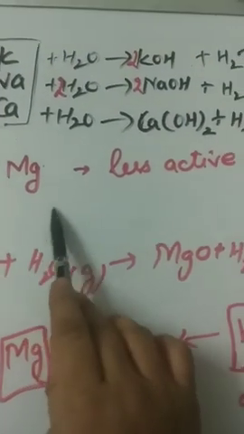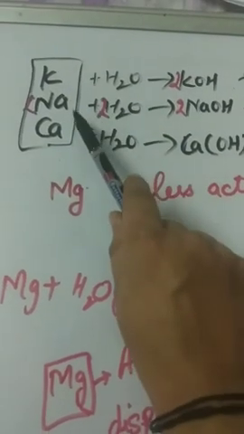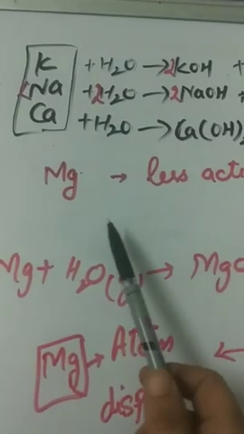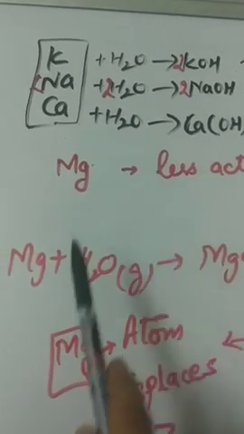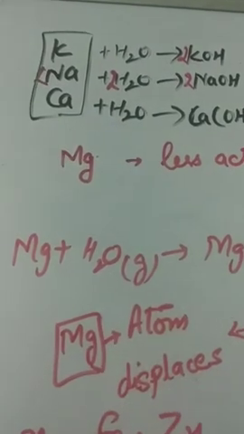Similarly, magnesium is less active than potassium, sodium and calcium. So at normal cold condition, magnesium will never react with water. It will react with water at higher temperature. So it reacts with the steam. Magnesium ribbon or magnesium metal reacts with water in steam form.